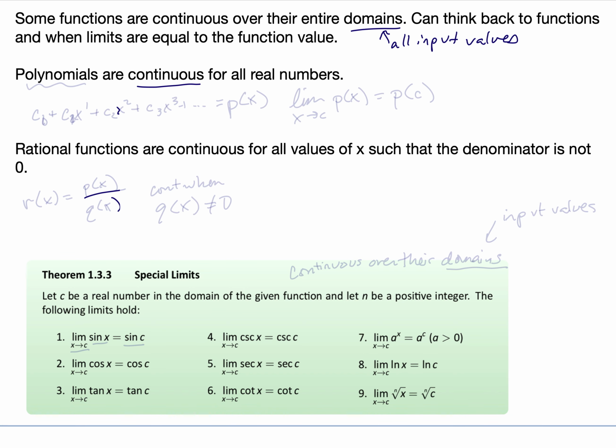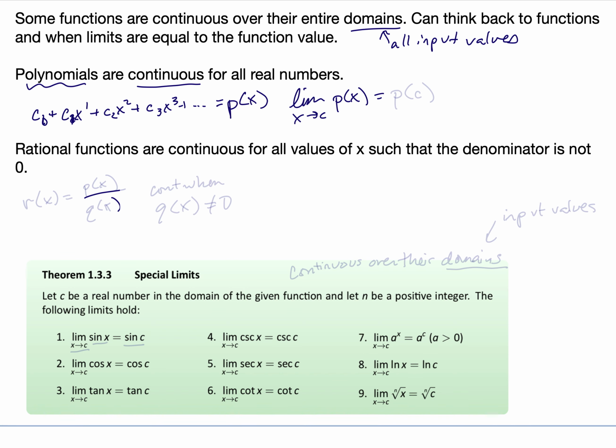Polynomials, therefore, are continuous for all real numbers, because any polynomial is something of the form c0 plus c1 x to the 1 plus c2 x to the 2 plus c3 x to the 3 plus ... So something with only non-negative integer exponents for the variable and constants out front of it. Those are polynomials.